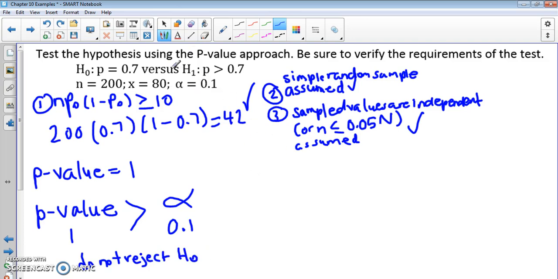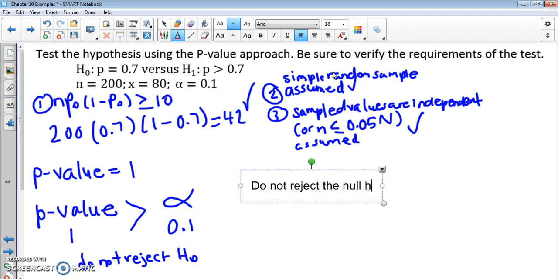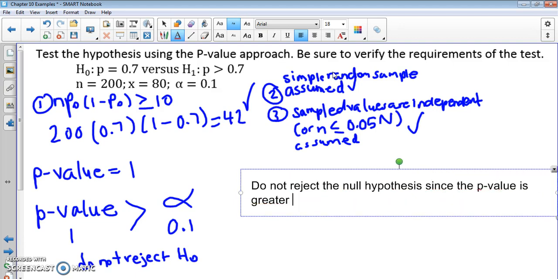So our conclusion here would be, do not reject the null hypothesis since the p-value is greater than alpha. Therefore, there is insufficient evidence, right?